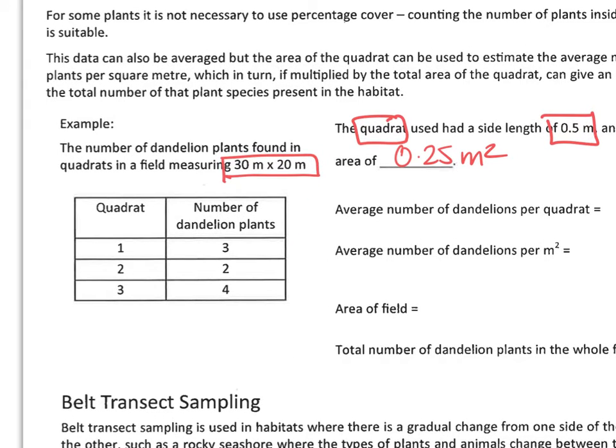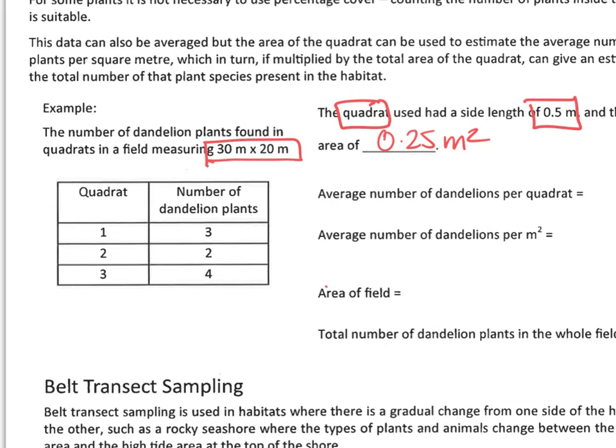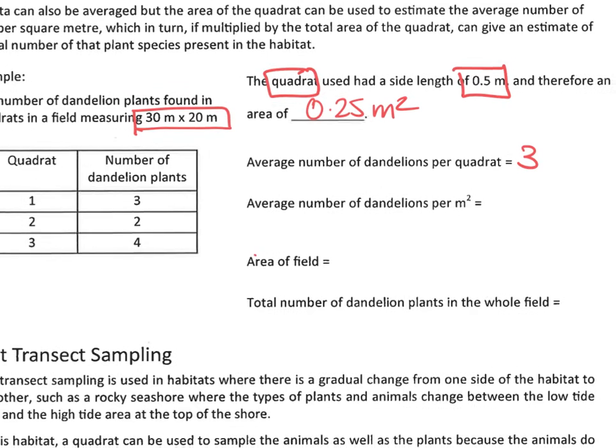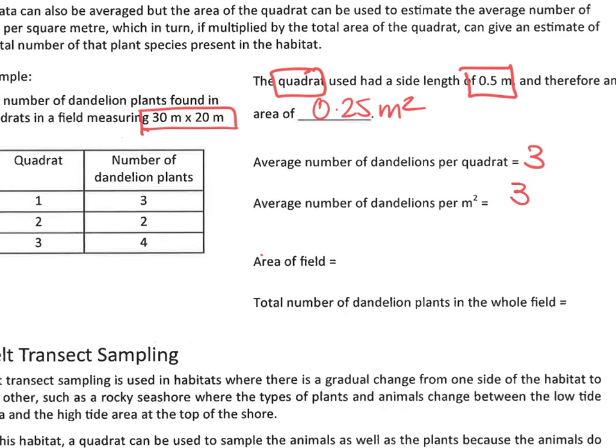Now, in this little example, they've only looked at 3 quadrats. Now, that's not very good. But to make things easier for you, you've got 3 sets of figures. What's the average number of dandelions per quadrat there, Elena? 3, yep. So we've got 3 per quadrat.